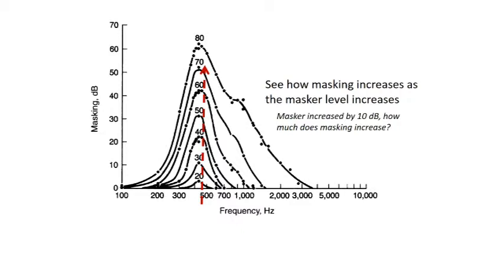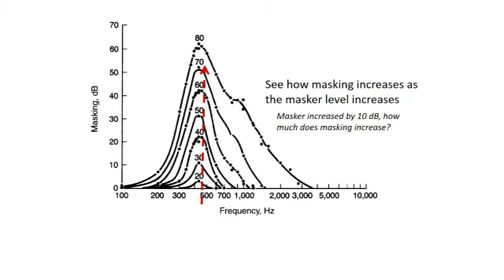This figure does not show growth of masking directly, but we can figure it out. When the masker level was 20 dB SPL, masking was about 4 dB, right? When the masker level was 30 dB SPL, the masking was about 13 dB.